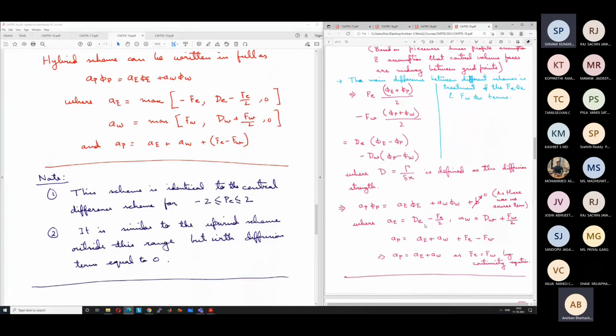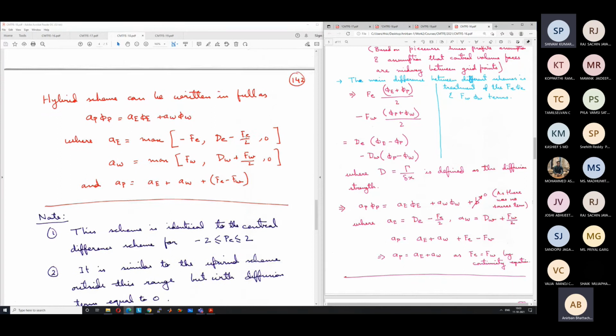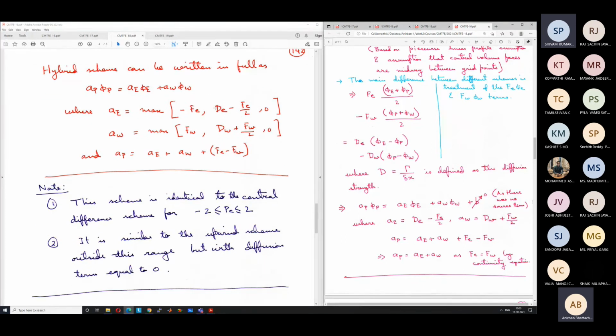We have found AE to be D minus FE by 2 for the central difference, and between minus 2 and plus 2 this line will be correct. And AW will be DW plus FW by 2. That's what we found in the central difference scheme.